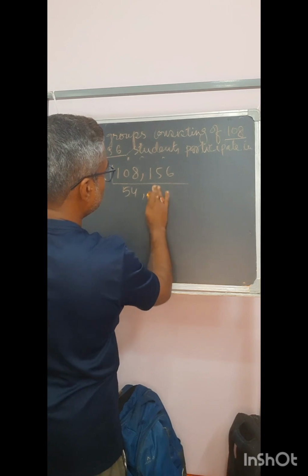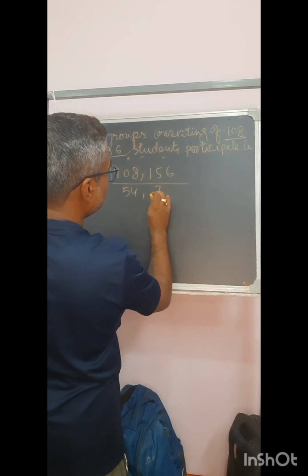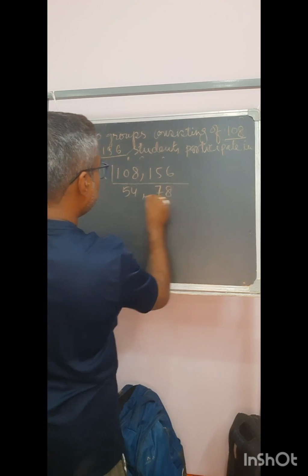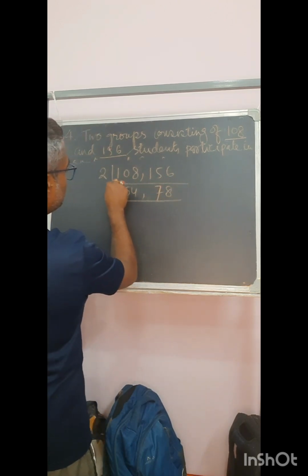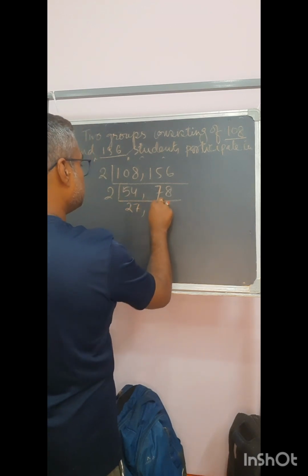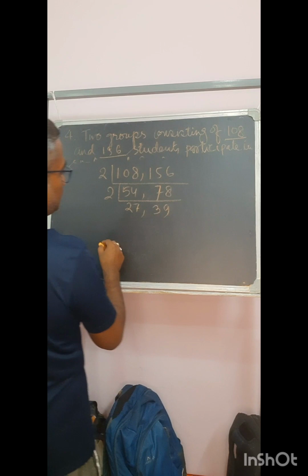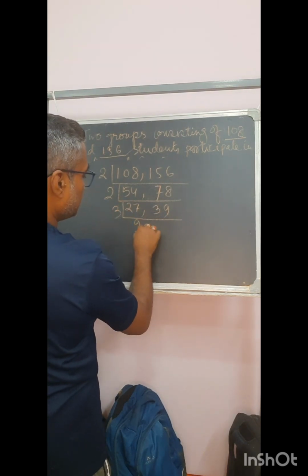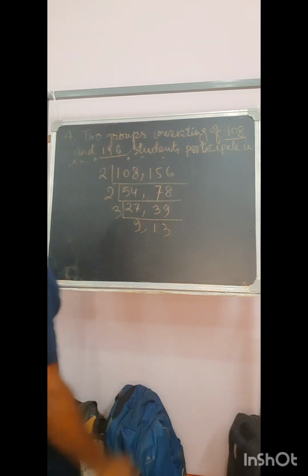Now 7, 8, again with the 2, 27, 39, now with the 3, 9, 13. So thereafter it won't go.